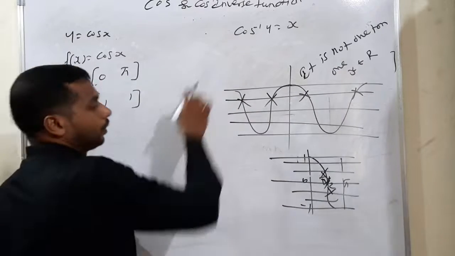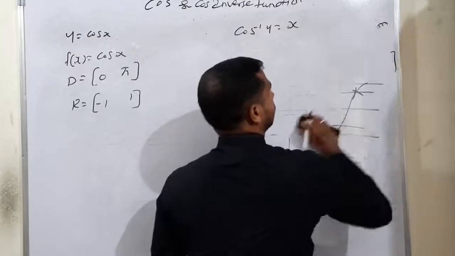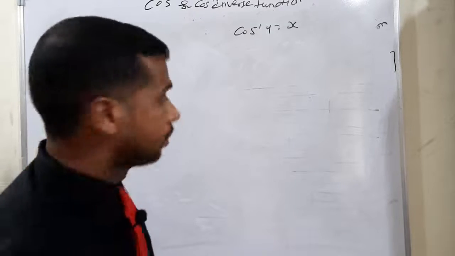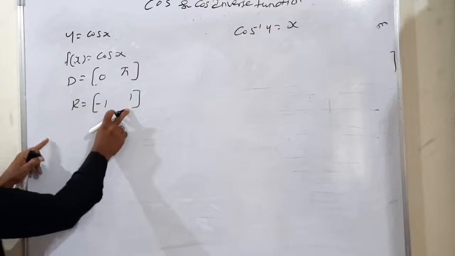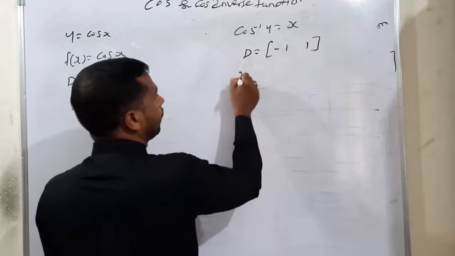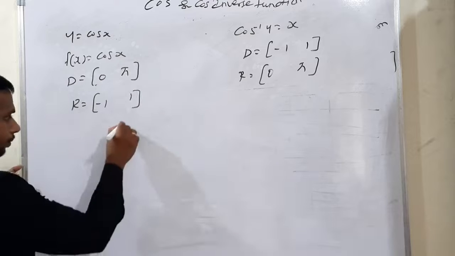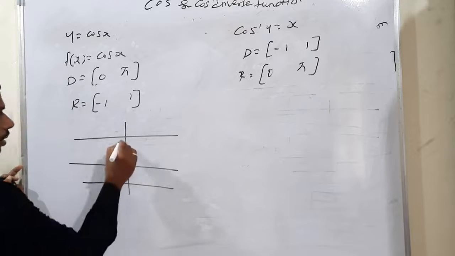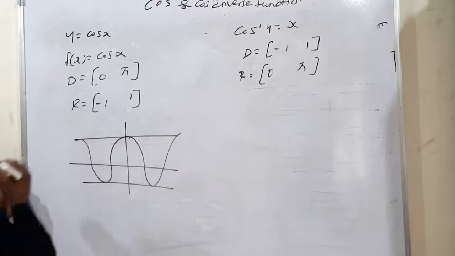Okay, now I am moving to the cos inverse. For cos inverse, just reverse: the domain we can write as minus 1 to positive 1, and the range as 0 to pi. This is the normal cos graph, one cycle.